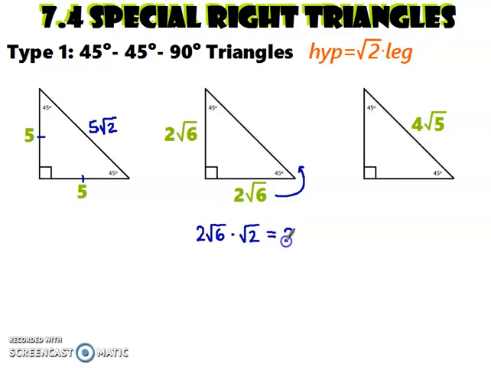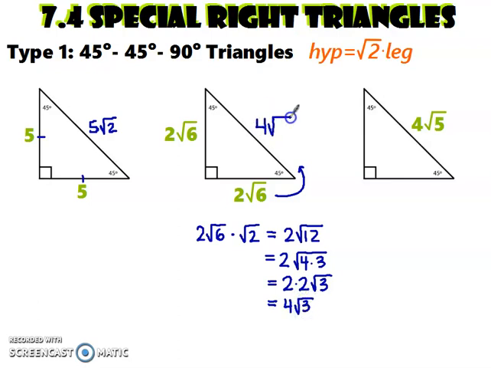And in this case, we'd get 2 square roots of 12. We'd want that in simplest radical form. I can do the square root of 4, but the square root of 3 is irrational. So 4 square root of 3 would be the hypotenuse on that one.